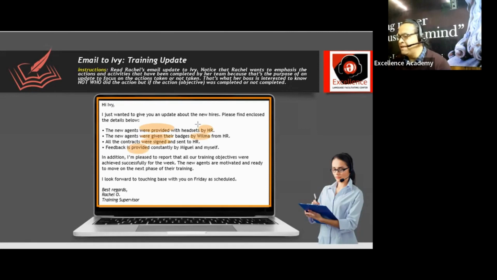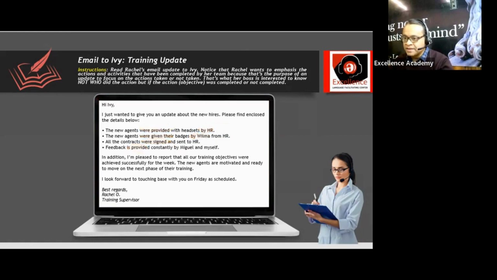Maybe next time she's talking to her boss, she doesn't really need to say this, unless it's necessary for the context for the boss to understand. It's obvious to her boss if the boss is very aware of the whole training process, but maybe the boss is not that aware. So the update needs to have that piece of information so her boss understands who performed the action.